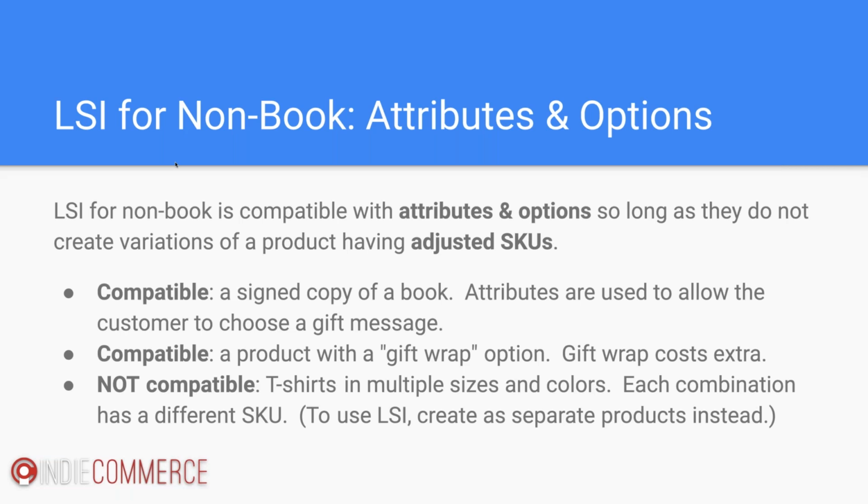So that's perfectly fine. It's always the same book, it's just what's written in the book may be different. That doesn't create multiple SKUs and doesn't create multiple sources of inventory. Similarly, a product that has a gift wrap option, where somebody can check a checkbox and then they're charged an extra fee to have the product wrapped, that's perfectly fine.